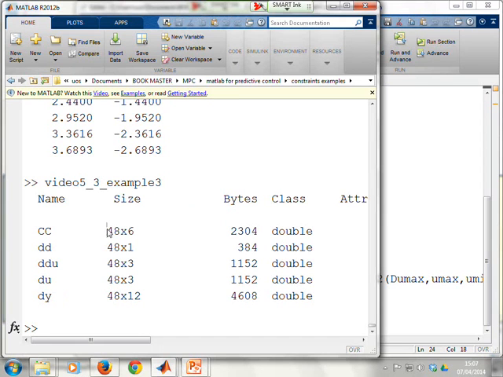Even with an output horizon of just 4, my CC has got 48 rows. An input horizon was just 2, and I've got 6 columns. So you notice that these are now becoming quite large. The DY is 48 by 12. Okay, that's just multiplying y past. But you're beginning to see, even with low horizons, I'm getting very big matrices here.